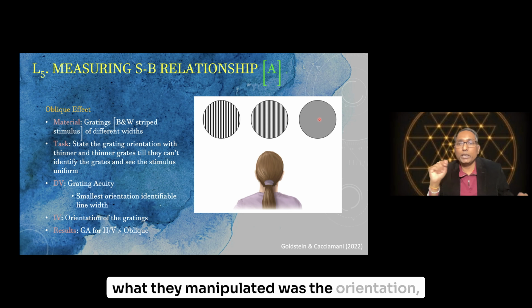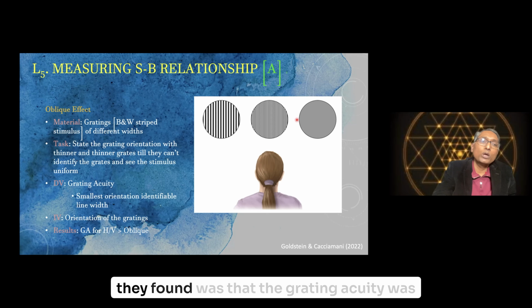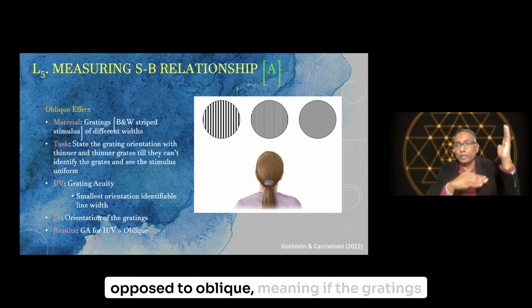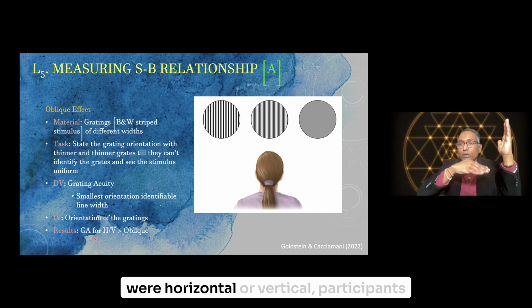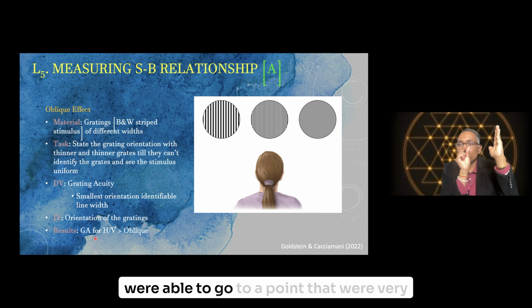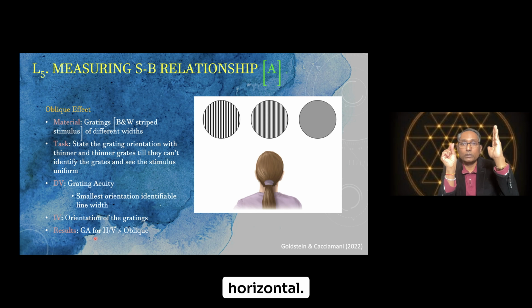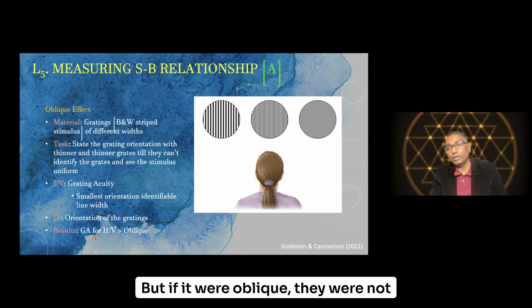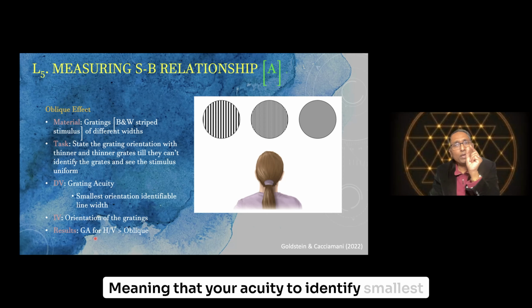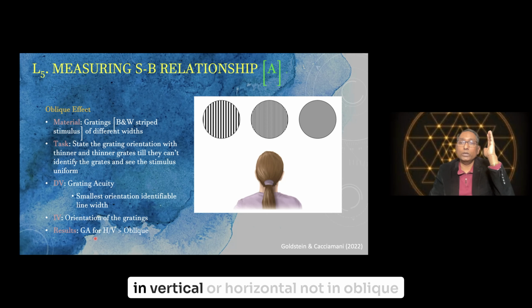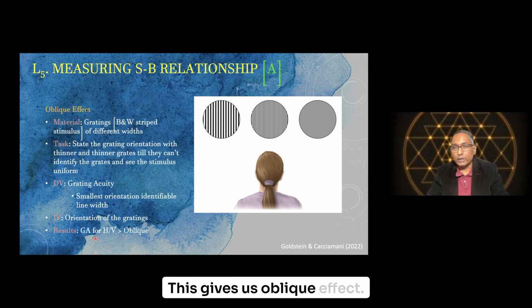What they manipulated was the orientation, and they measured grating acuity, and what they found was that the grating acuity was higher for horizontal and vertical gratings as opposed to oblique. Meaning, if the gratings were horizontal or vertical, participants were able to go to a point that was very thin and still say it is vertical or horizontal. But if it were oblique, they were not, meaning that your acuity to identify the smallest lines was better when the lines are presented in vertical or horizontal, not in oblique angles. This gives us the oblique effect.